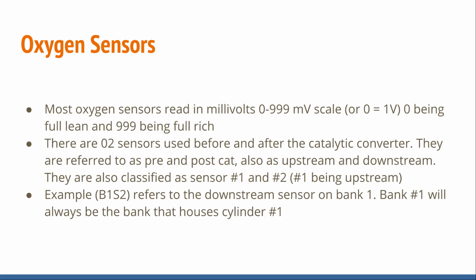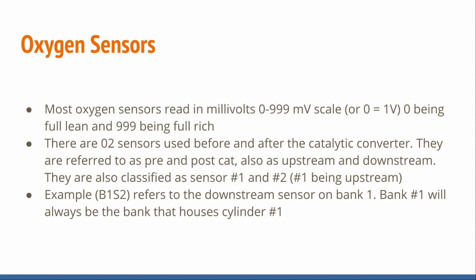Now we know that is bank 1. So bank 1 will always be housing the number 1 cylinder. Hope that makes sense. So anyways, bank 1, we know that's the left hand bank. Sensor 2 means it is the downstream O2 sensor, or post cat, on the left hand bank, or driver's side bank.